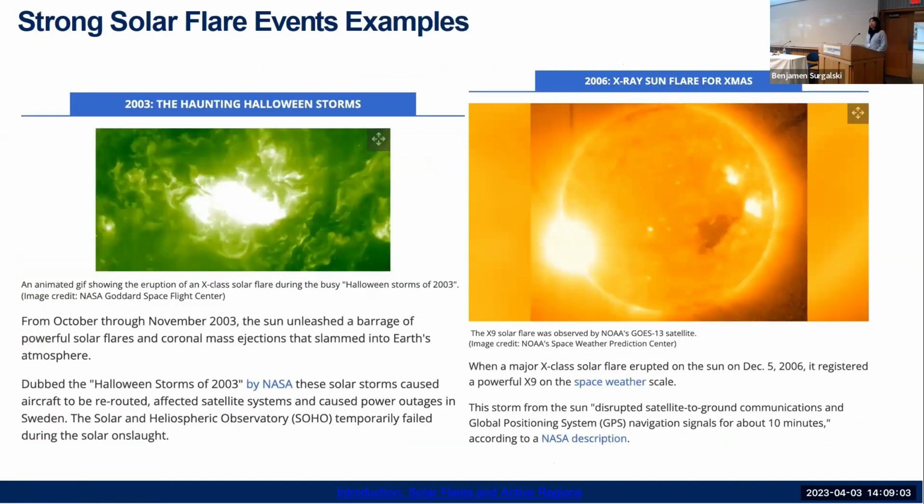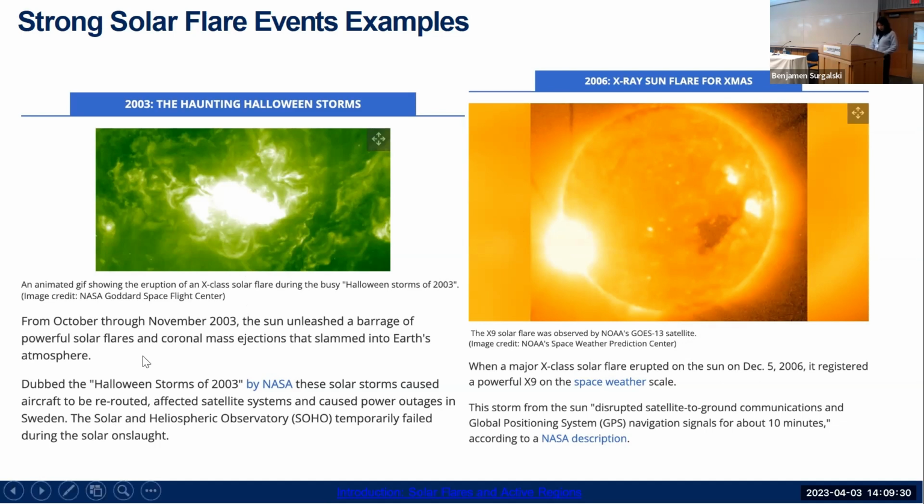So I just want to give a few examples of some famous strong solar flare events that happened in the past 20 years, because these kinds of events are not rare, and they're actually impacting our society. Back in 2003, there was a very famous, super strong solar flare event called the Haunting Halloween Storms. It happened at the end of October, just around Halloween time during that year.